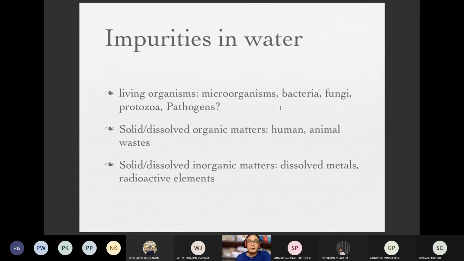For the inorganic matter, for example, heavy metals, dissolved metals, radioactive elements. So these are classified as inorganic matter. Some of them are dissolved and some exist in the solid state. So these impurities are normally there in water, and we can classify them according to these categories.